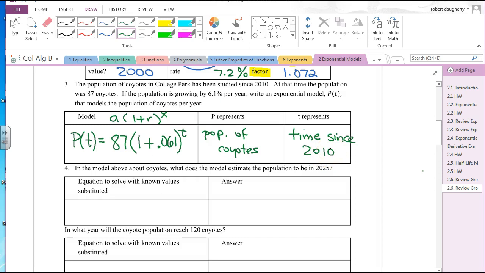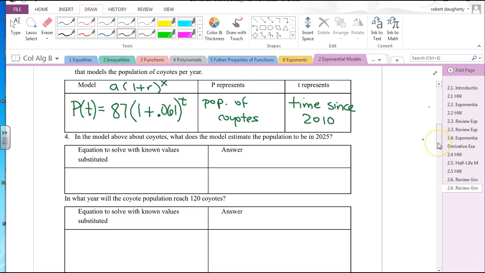In this model, what does the model estimate the population to be in the year 2025? So in the year 2025, 2025 minus 2010 is 15. I just need to figure out when t is equal to 15, what does my model give me? It's always helpful to write down what you have, 1.061 to the 15. That way if you make a mistake on your calculator, I know that you had the right idea in mind.